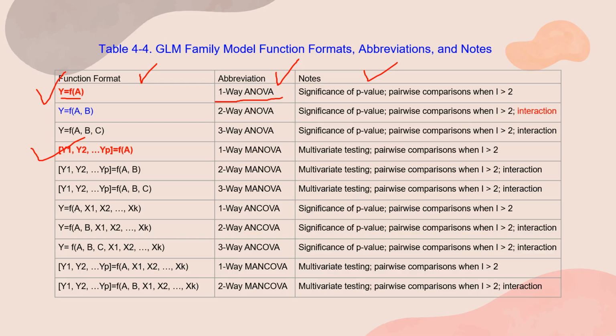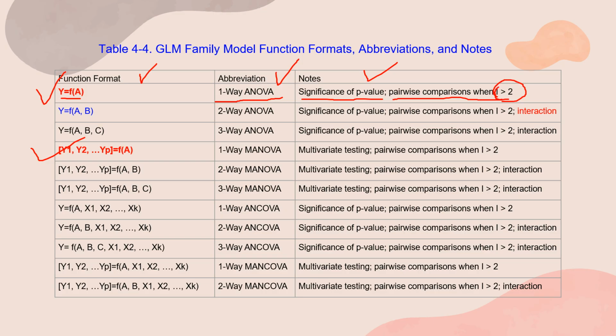For example, A is the qualitative data, like gender, and Y may be linguistic intelligence, with just one dependent variable and one factor. And you have to note the significance of the p-value, and the pairwise comparison when I is greater than 2.